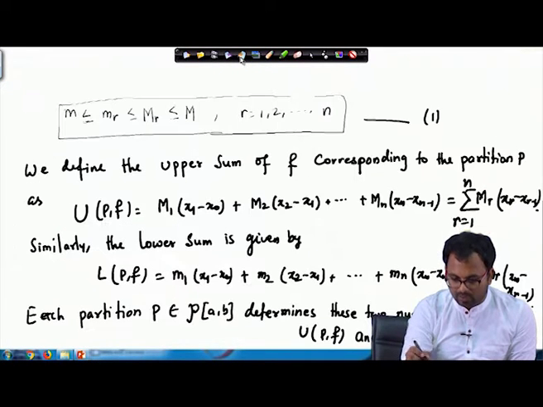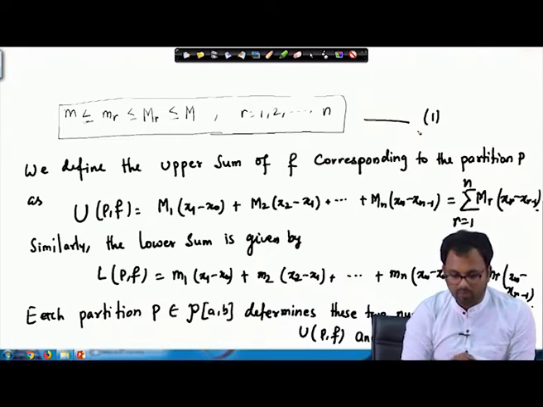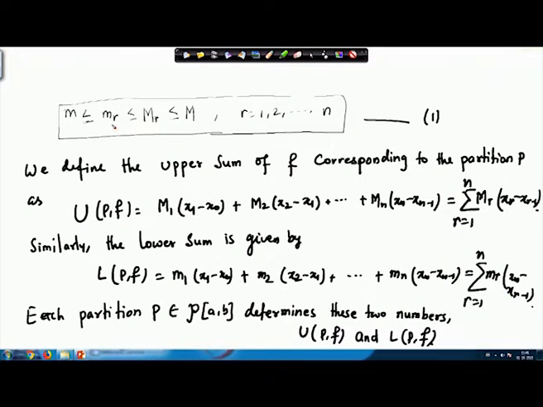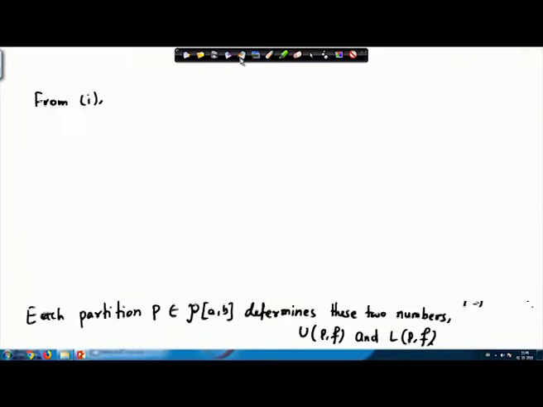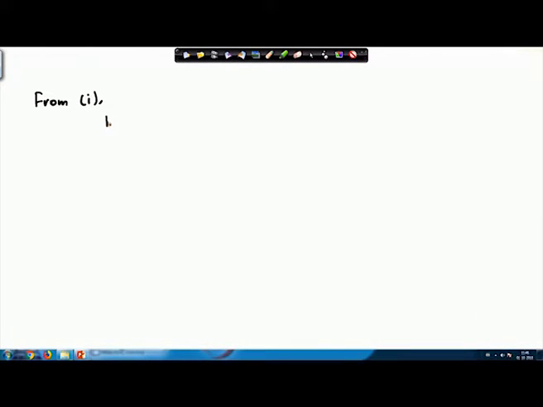Okay, in this slide, from inequality 1, we have small m less than or equal to small mr less than or equal to capital Mr less than or equal to capital M. We will write that inequality, and we will multiply this whole inequality by (xr minus x(r-1)).